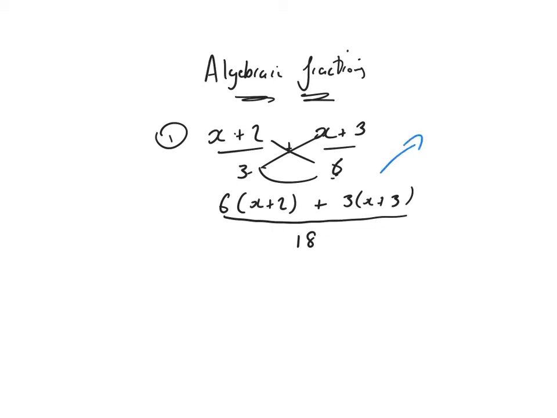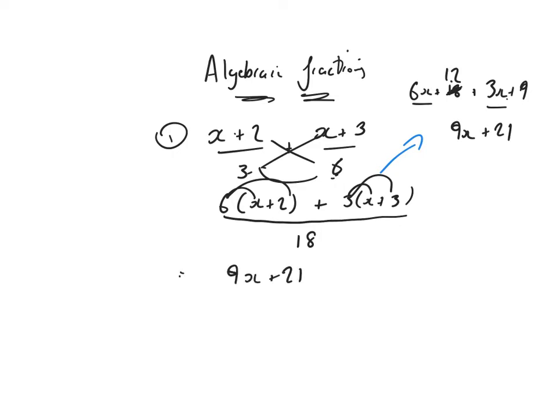So I'm going to take that to the side. So it'll be 6x plus 12, 6x plus 12 plus 3x plus 9. Let's tidy that up. 6x and 3x is 9x, and 12 and 9 is 21. 9x plus 21, bring it back in. 9x plus 21 over 18.